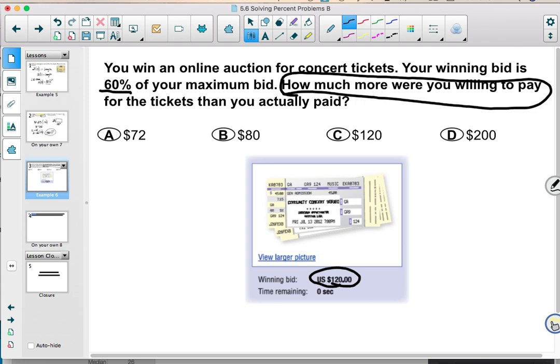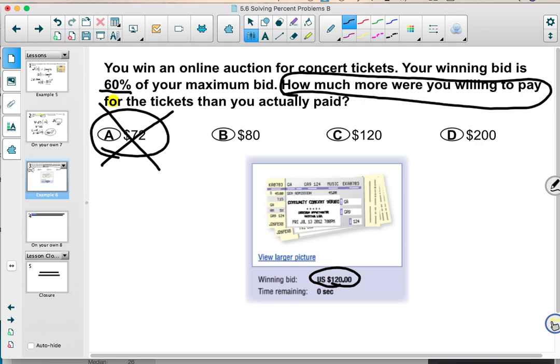Here's what I'm seeing. I got several kids that have circled that answer right there, but it's not correct. How did you do it? Okay, let's go back to what it's asking. It says your winning bid was 60% of the maximum bid. Here's the winning bid, it was 120, right?